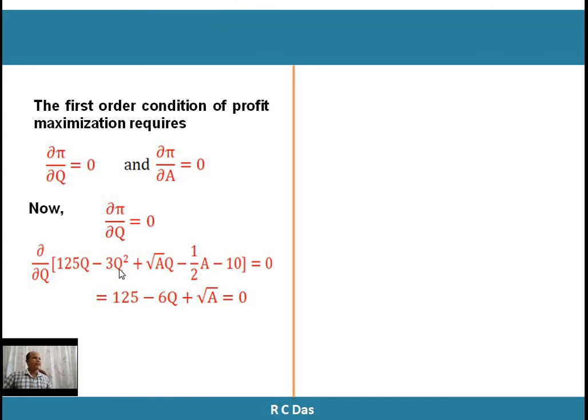The derivative of minus 3Q square is minus 6Q, and the derivative of root over A Q is root over A, and half A minus 10, these are constants, so their derivative value is 0. So ultimately that is equal to 0. So this gives 6Q plus root over A equal to 125. It is equation number 2.